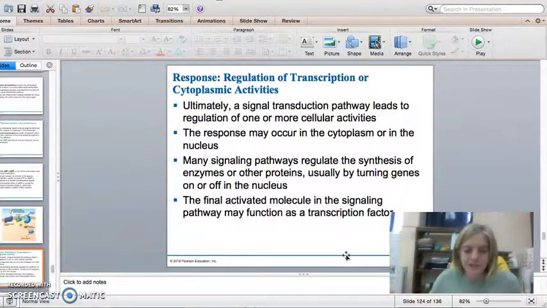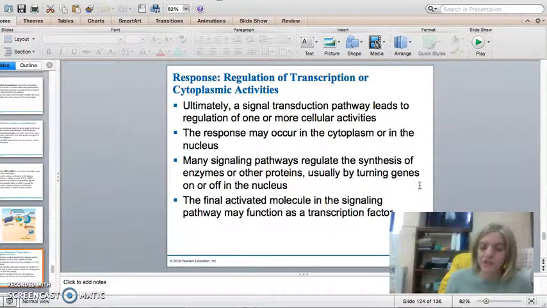Some examples of what these responses could include might be the synthesis, or making, of enzymes or other proteins. A lot of times this is because those pathways signal to turn genes on or off in the nucleus.